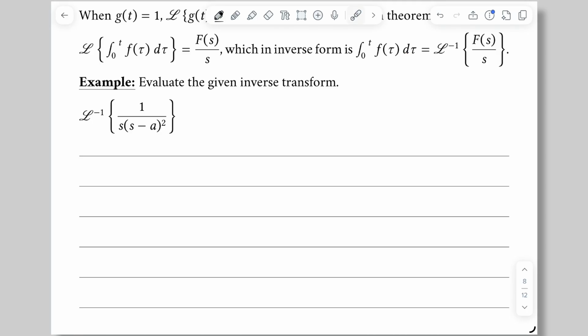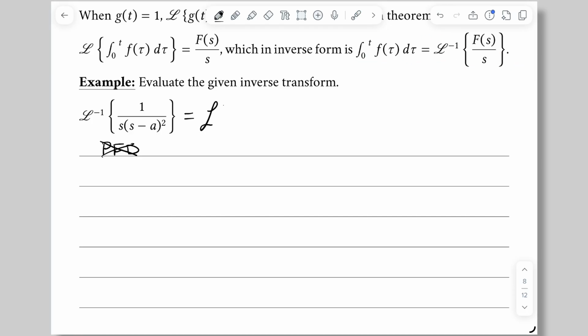In this example, we're looking at the inverse transform of 1 over s times (s minus a) squared. We could use partial fraction decomposition, but I'm not going to because you've seen that a bunch of times, and I want to show you what it looks like to use this new rule that we just saw.